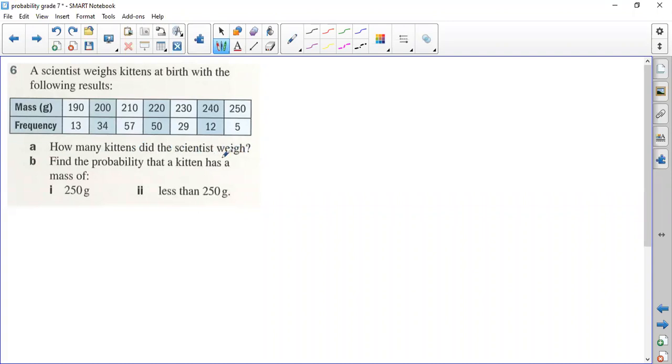So to find the number of kittens that the scientist weighed, we have to add all the frequencies. Okay, we know this one, we have done it before.